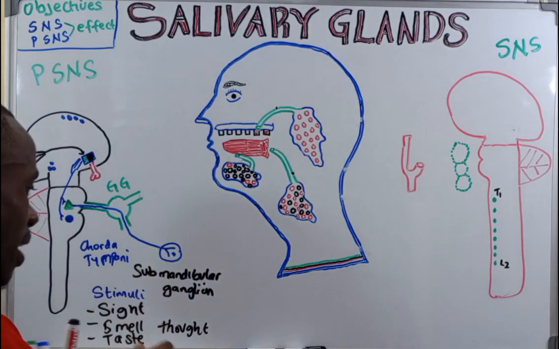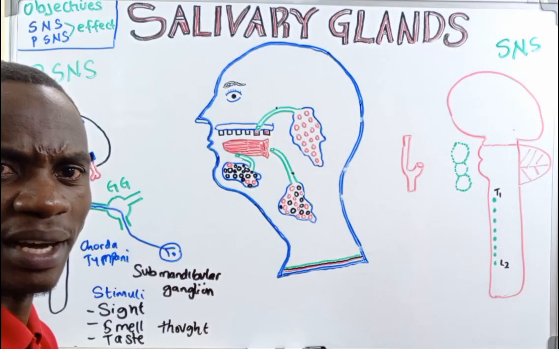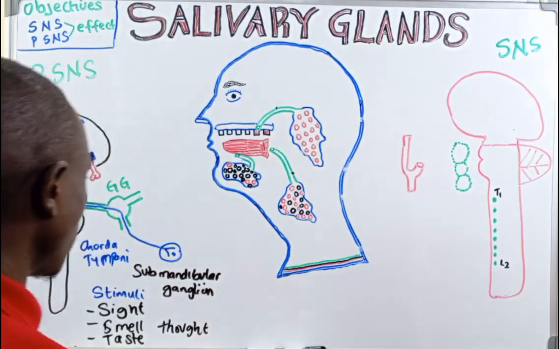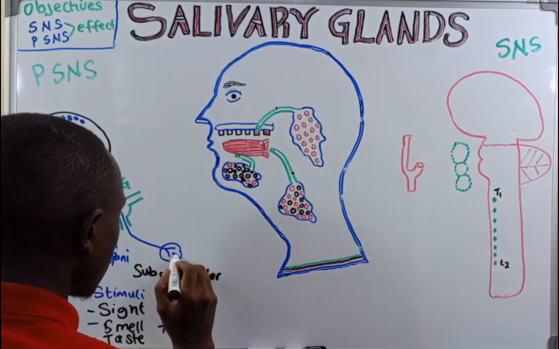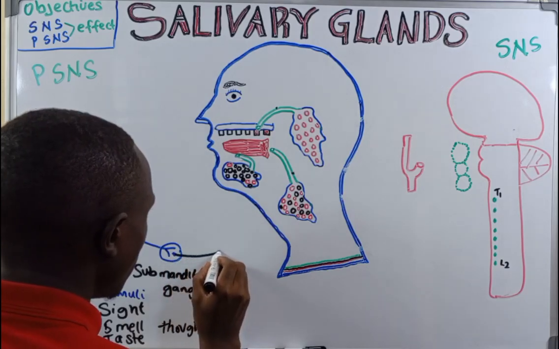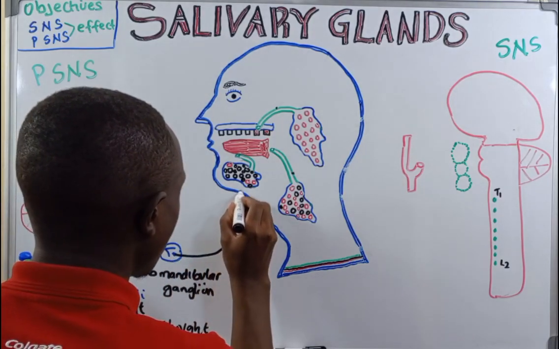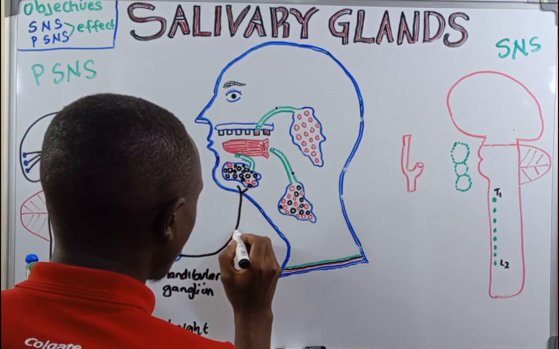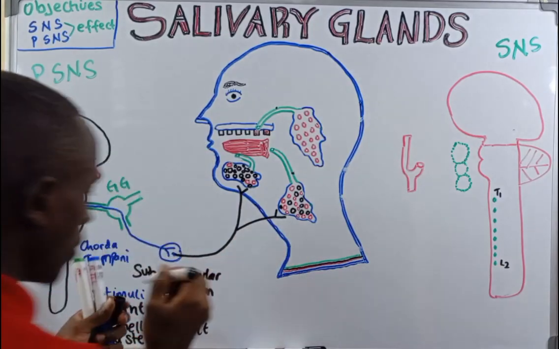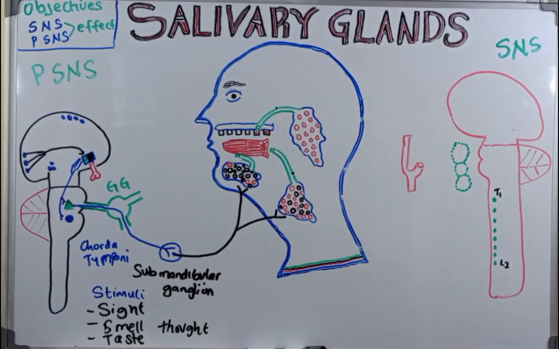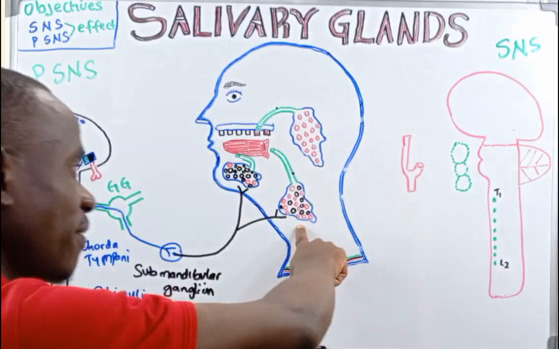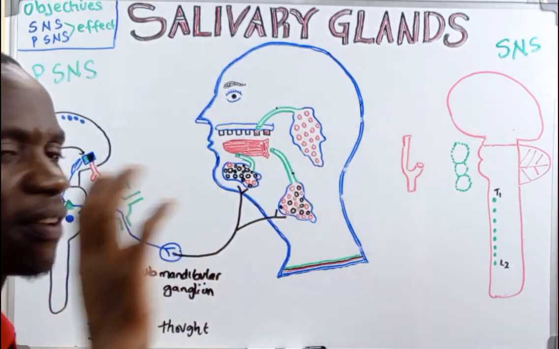And then from there, the postganglionic motor fibers of the parasympathetic nervous system are going to be leaving. They come and release neurotransmitters to these salivary glands, primarily the submandibular salivary gland and the sublingual salivary glands.